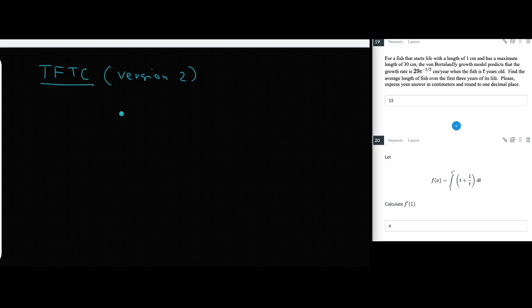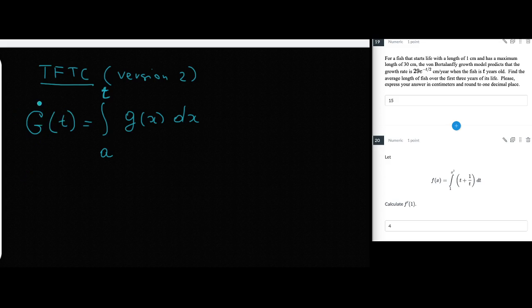Let's say you have a function g of x, and you integrate this function on some interval from any number a to a variable limit t. Of course, you're going to end up with a function of t, and let me denote this function by capital G of t.